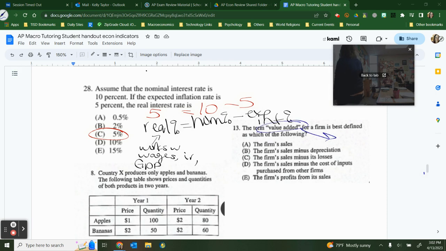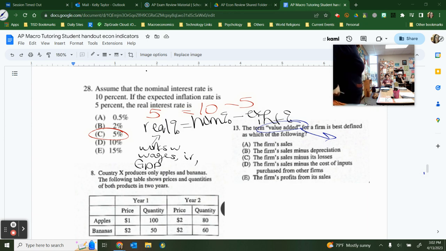This is basically, remember how we say we don't add inputs together, we don't add resources when counting GDP? Value added does. So you send denim to, like, a jeans company, and the jeans company adds a little bit of value to the denim to make it into pants.